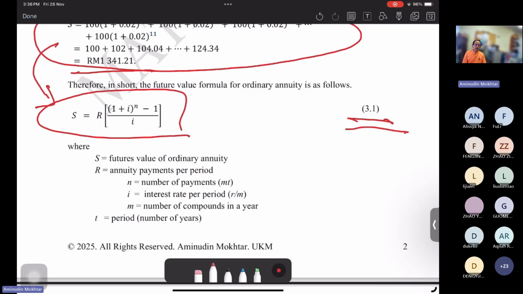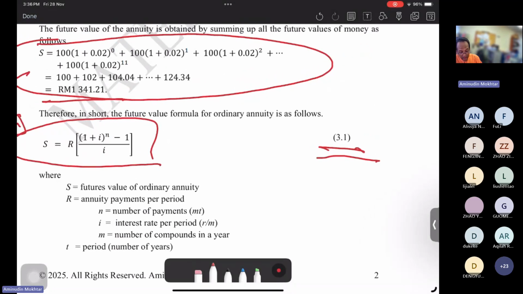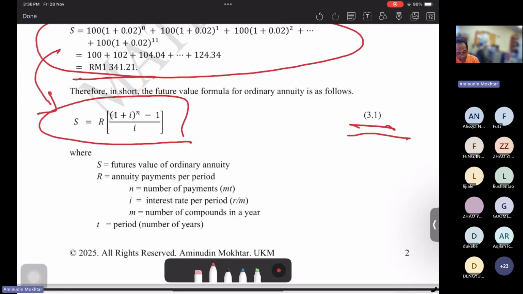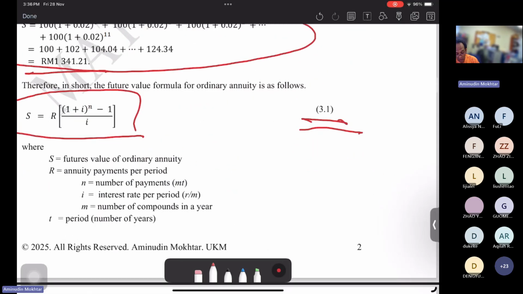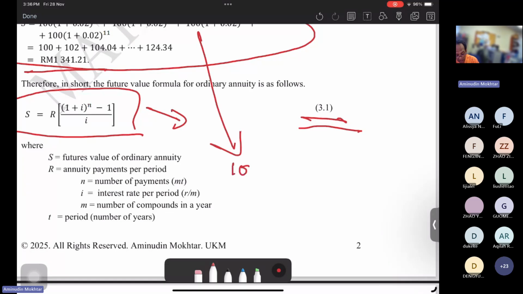This formula is very important, and that is the formula used by the bank to calculate the future value of anything. For example, based on this case, 100 deposited in the bank for each quarter.